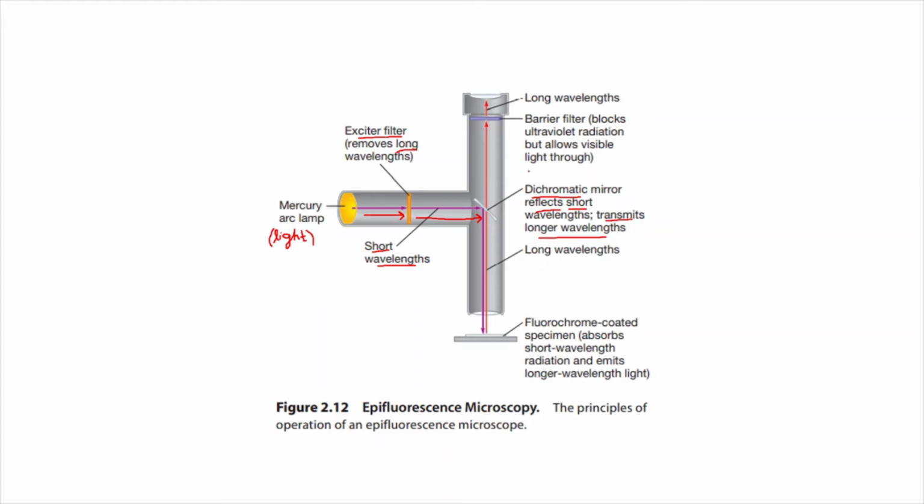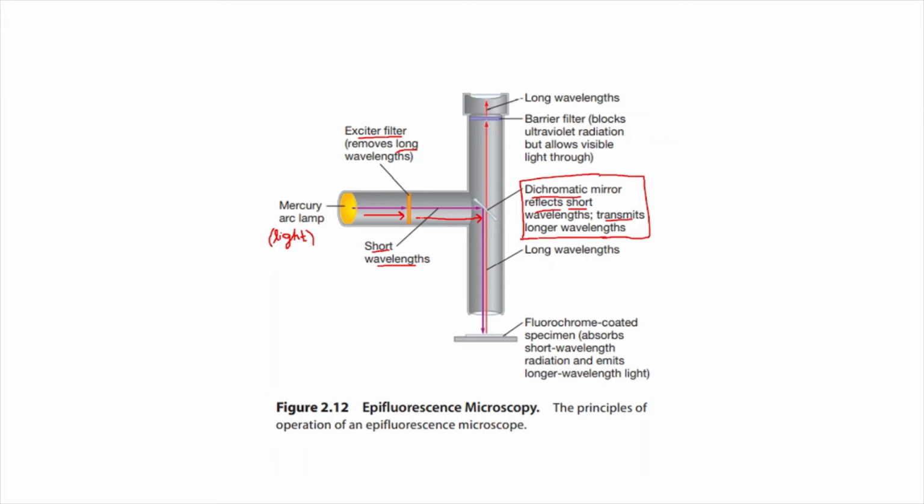So it has two functions. First, if you have given a shorter wavelength, then it will reflect those shorter wavelengths of light. But if you have given longer wavelengths, then it will transmit the longer wavelengths of light. So depending upon the wavelength of light, this dichroic mirror has two different functions.